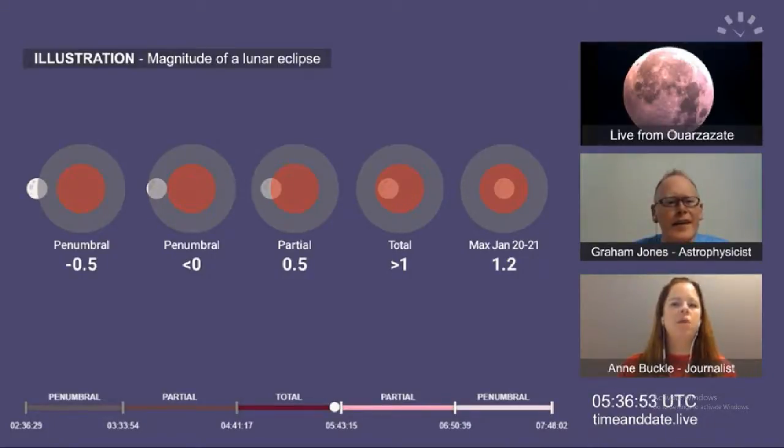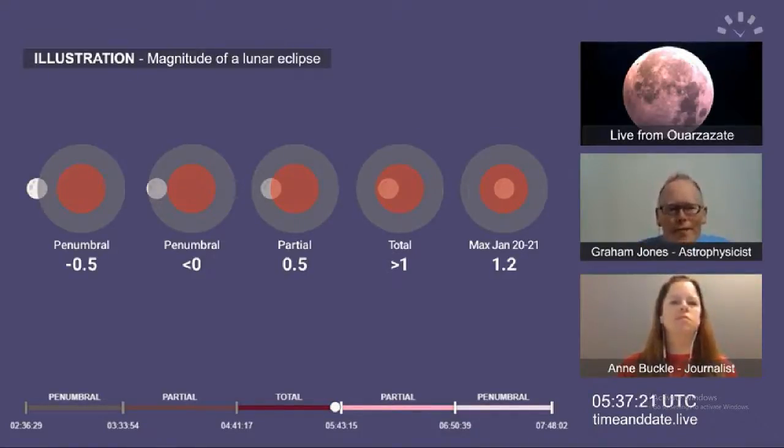At the moment, we're looking at our max for this one at a 1.2. What does that mean? Well, the illustration we have on the screen here is showing the magnitude of a lunar eclipse. This is the number we use to talk about how far into the Earth's shadow the moon is traveling.